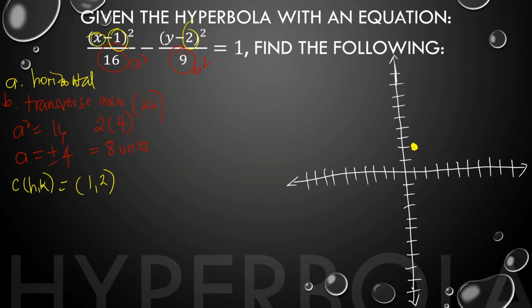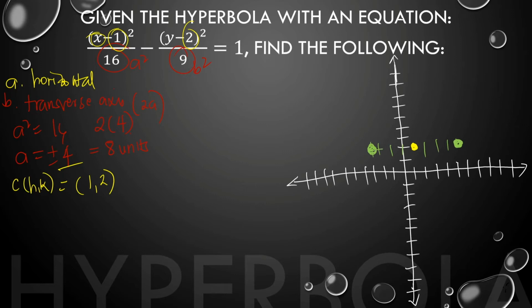And then, yung nakuha natin na semi-transverse axis or yung a is positive and negative 4. So, since horizontal siya, horizontal hyperbola, so to the left and to the right, tayo bibilang ng 4 units. So, 1, 2, 3, 4. So, ito yung unang vertex. And then, 1, 2, 3, 4. Ito yung pangalawang vertex.